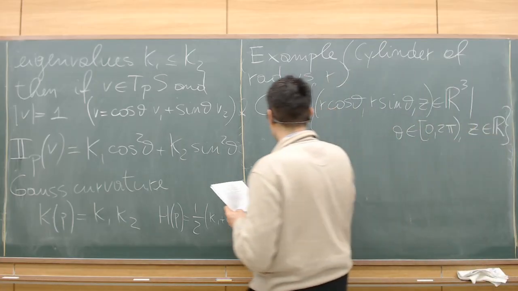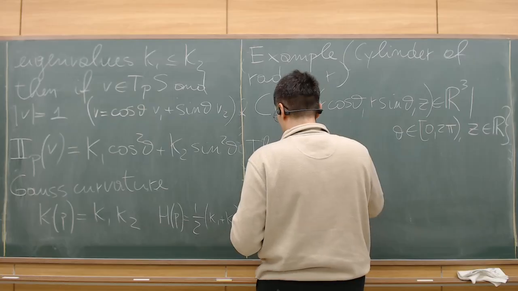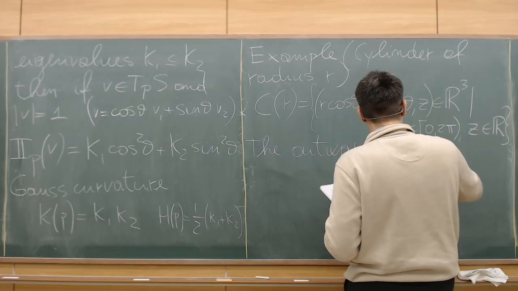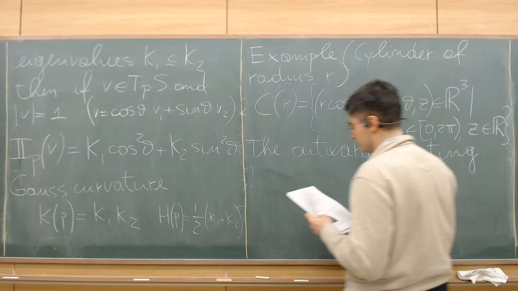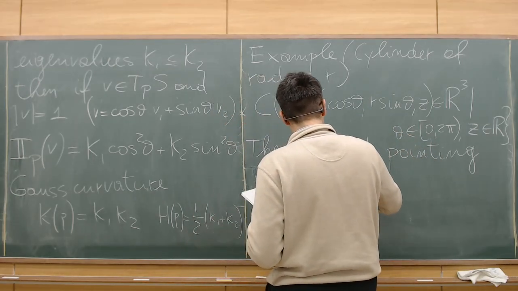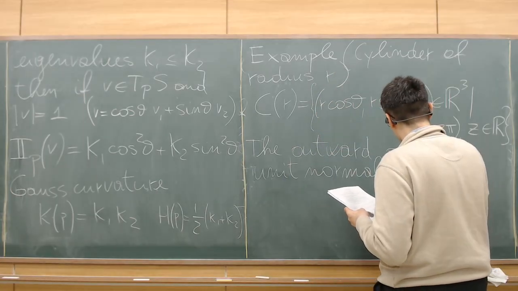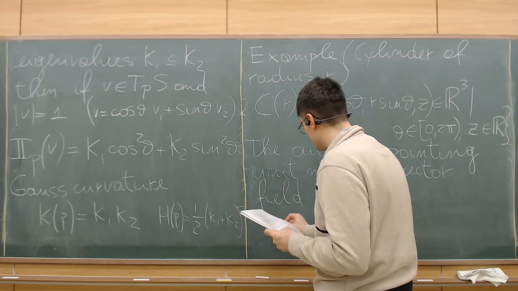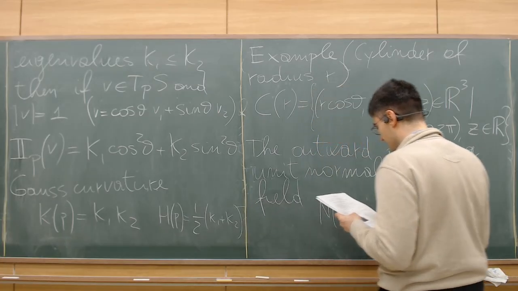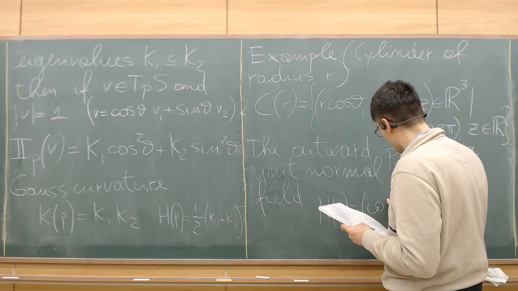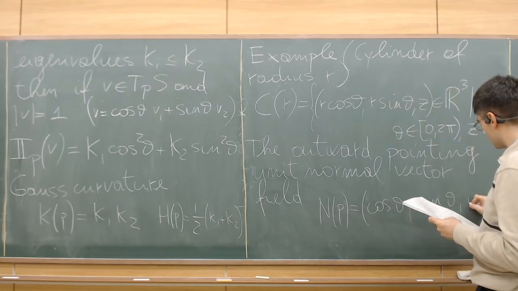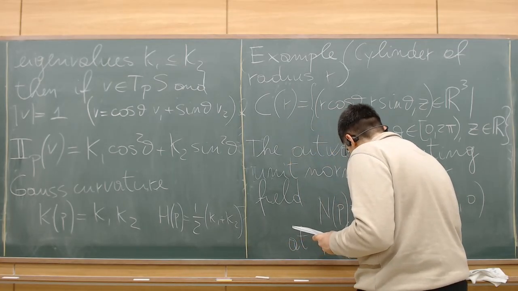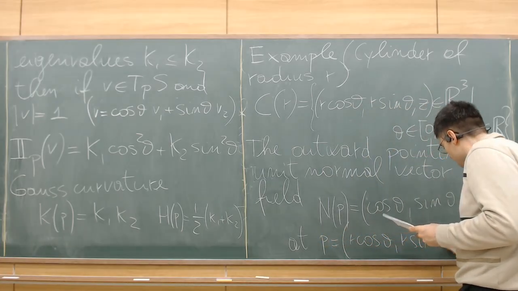Precisely, the unit normal vector field which is outward pointing is given by this formula, and N at P is equal to cosinus of theta, sinus of theta, 0 at the point P of coordinate r cosinus of theta, r sinus of theta, z.